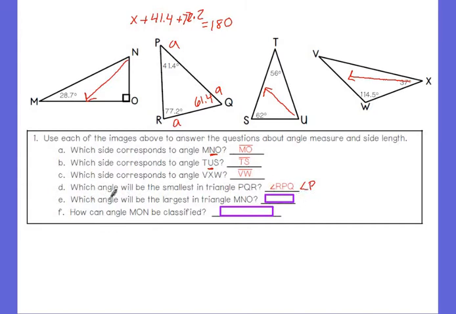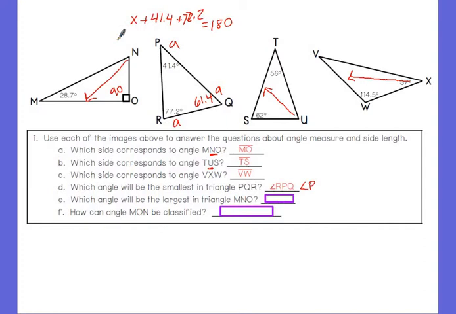E, which angle will be the largest in triangle MNO? So I'm looking here. They gave me one for M. They gave me one for O. That's 90. I have to find N. Well, I know the three angles of a triangle again add up to 180.